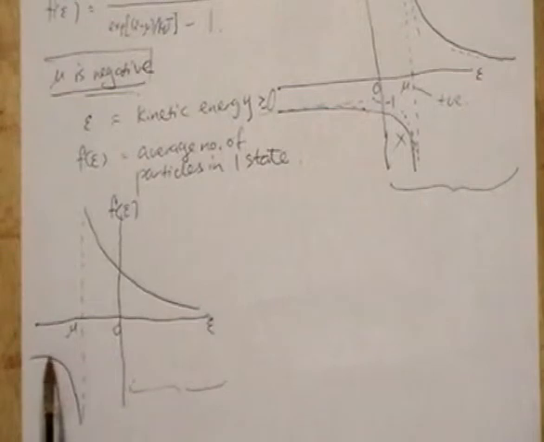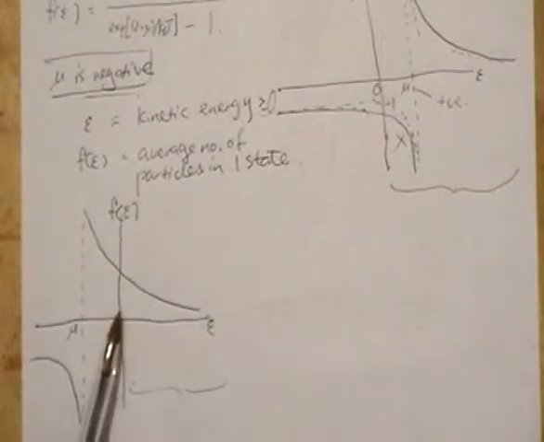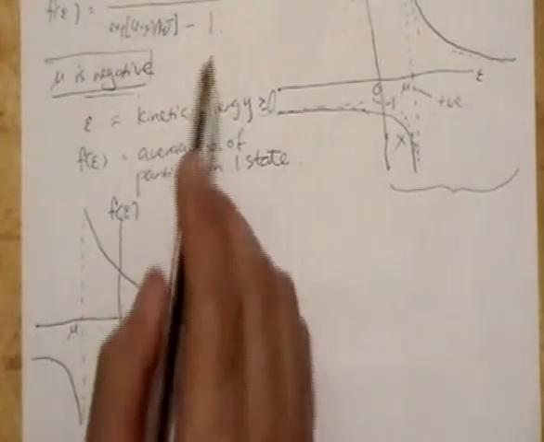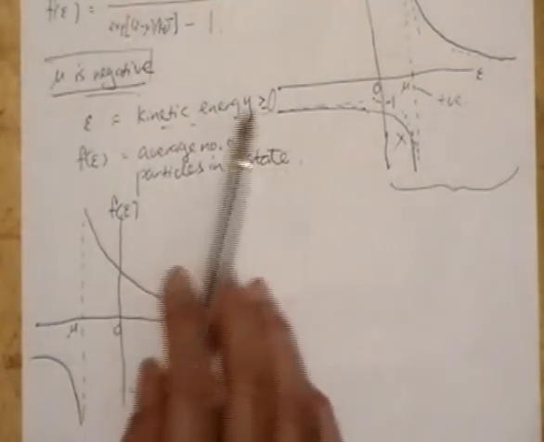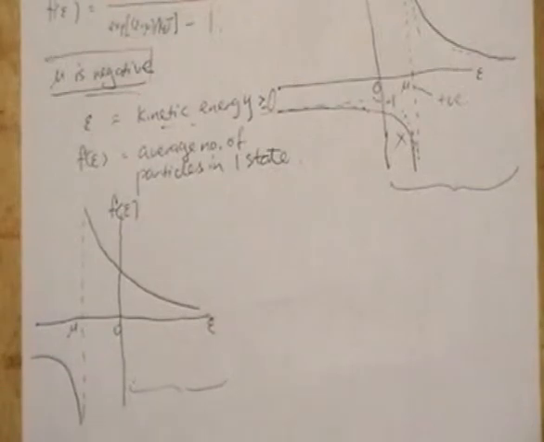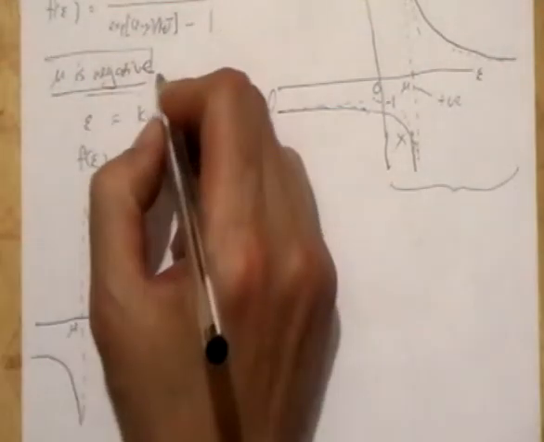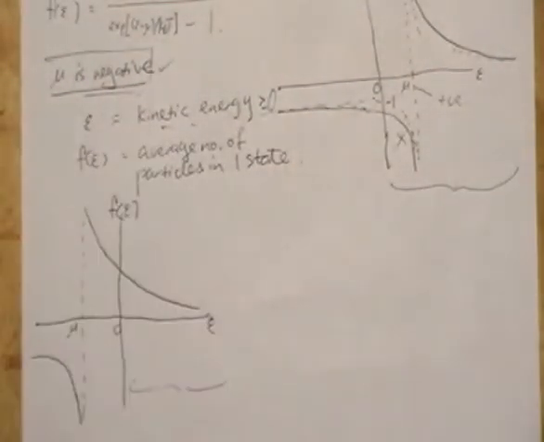And the negative part has been moved to the negative energy side, which we don't have to consider because E is kinetic energy, which is positive. Okay, so we have just shown that mu must be negative using this argument.